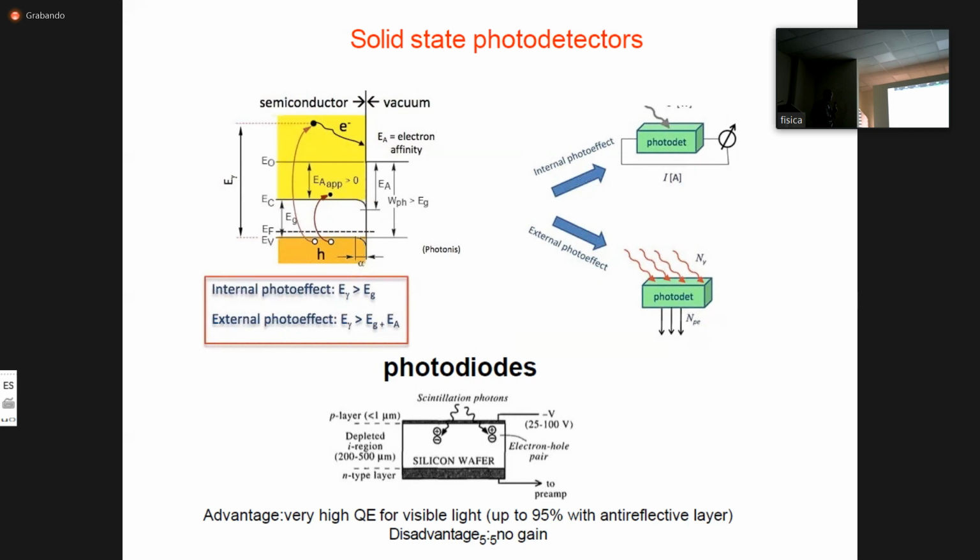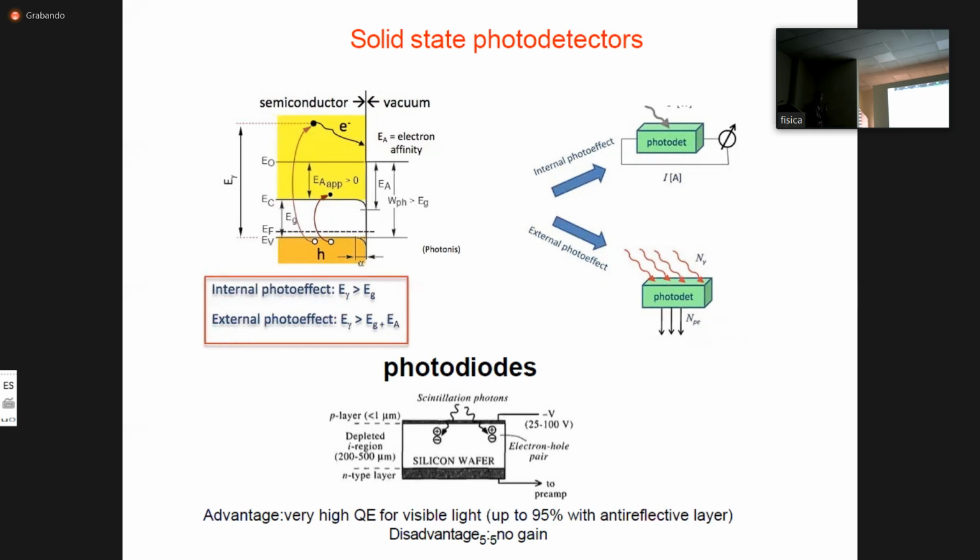The first reason is that in this semiconductor material you can't detect weak lights, single photons. The main reason is that you don't have amplification in this structure.